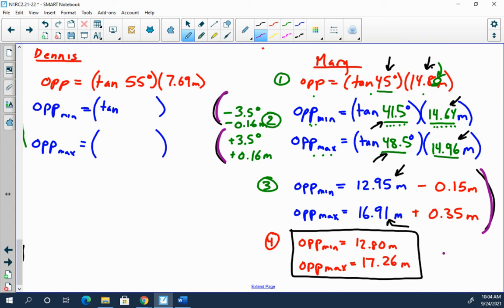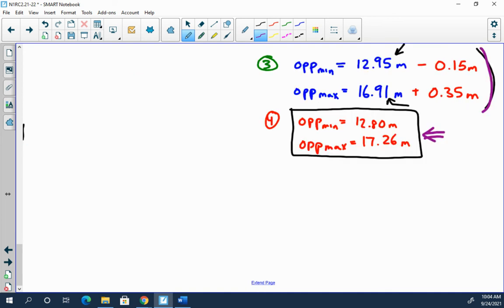This is exceedingly useful because this tells you that the best you can claim about your measurement of the height, that the height of the pole is in the range of 12.80 to 17.26. That's that bracket notation from math. Meters. That's the best you can claim.